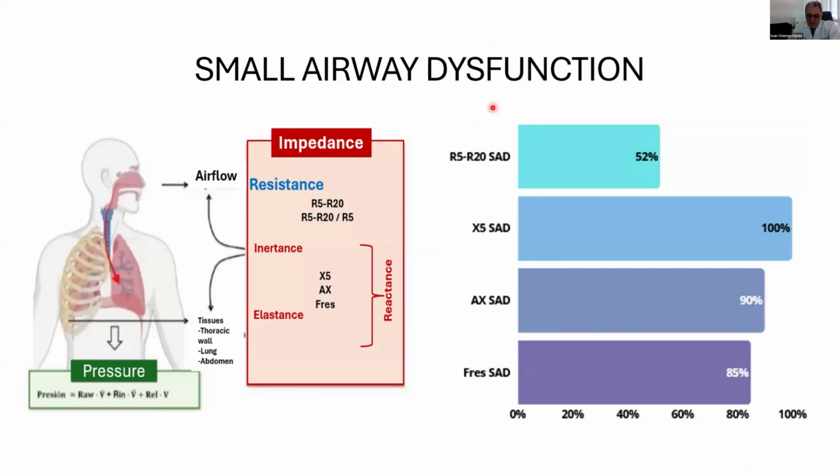We observed that with the R5-R20 parameter, almost 62% comply with the SAD criteria. However, if we look at the other parameters, such as X5, we have 100% affected, with AX, 90%, and with FRES, 85%.